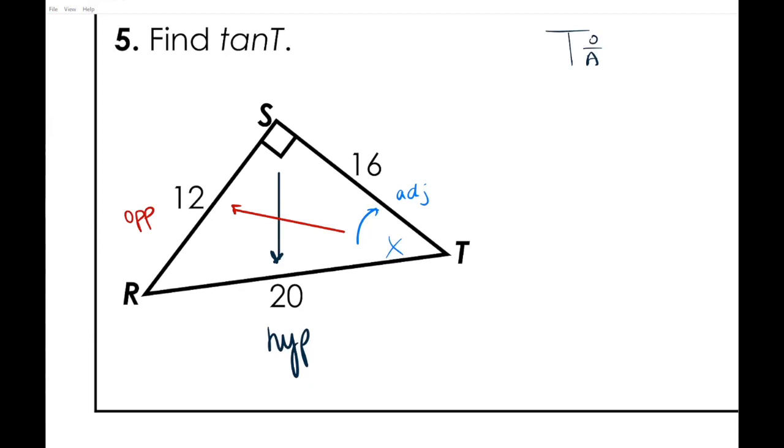Opposite over hypotenuse for sine, CAH, adjacent over hypotenuse for cosine, TOA, opposite over adjacent for tangent. So tan T is opposite side over adjacent side. Tan T is opposite 12 over adjacent 16, which reduces to 3 over 4.